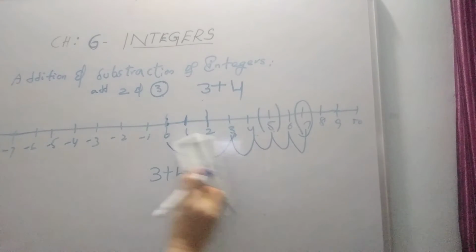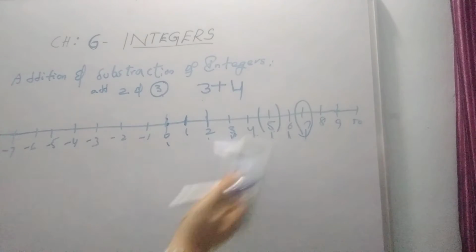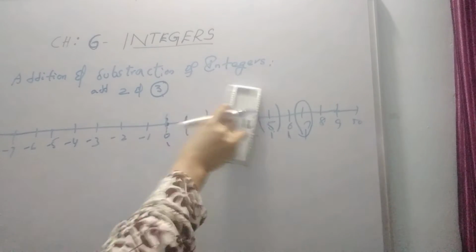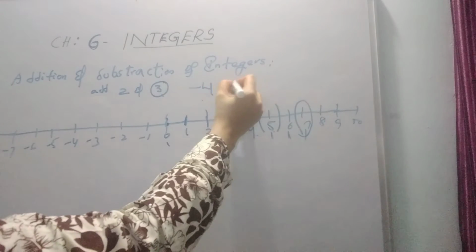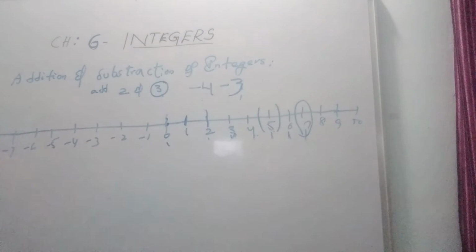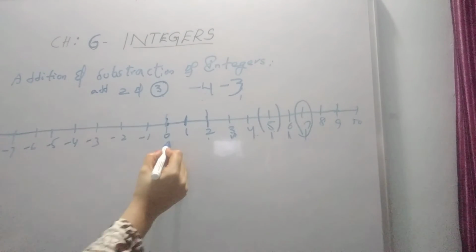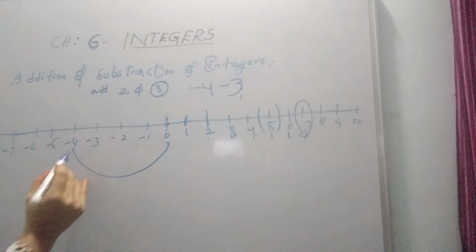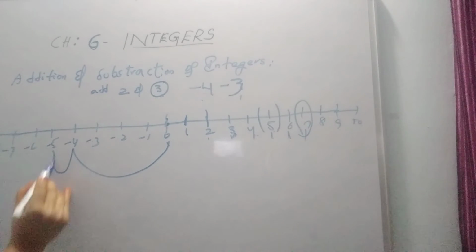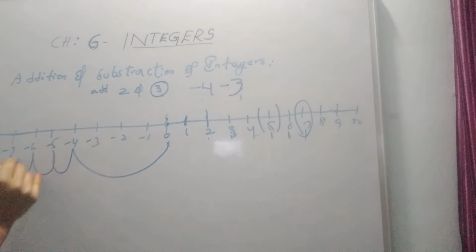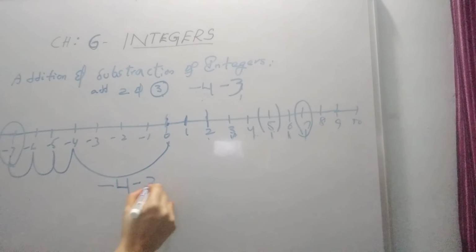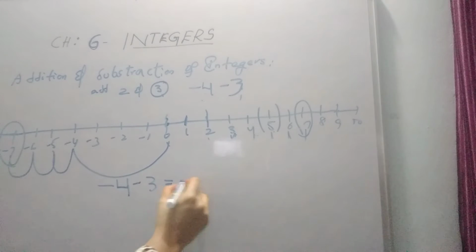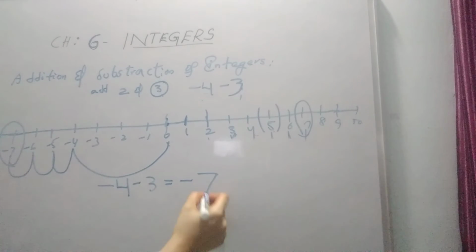Okay, let's add some negative numbers also. Let's suppose take minus 4 and minus 3. So first we have to jump minus 4 and we have to take 3 jumps. 1, 2, 3. That is minus 7. Minus 4 minus 3 equal to minus 7.